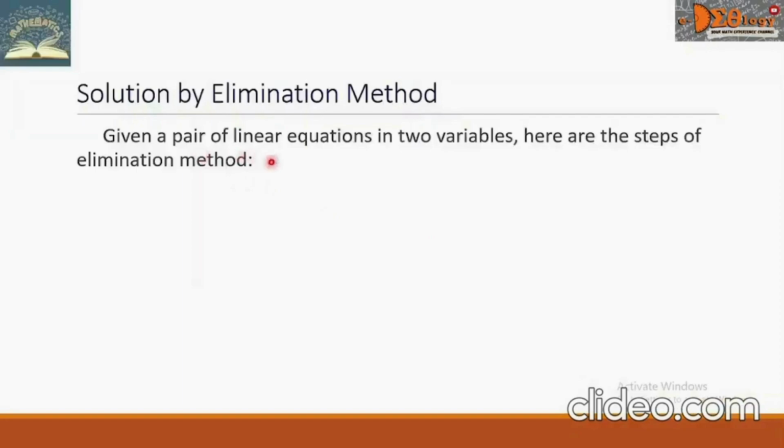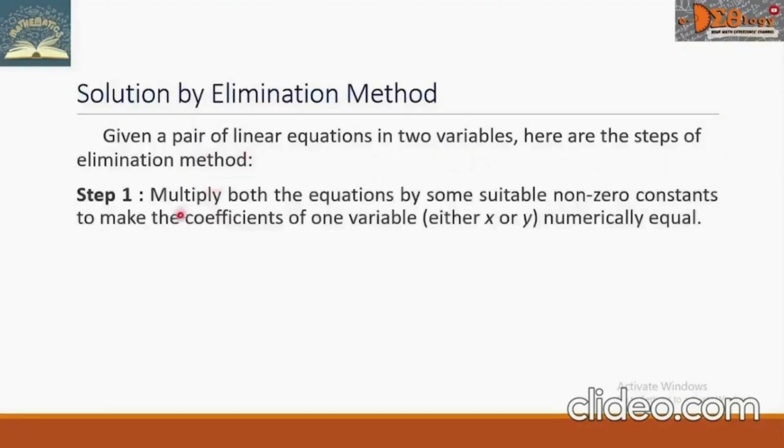Given a pair of linear equations in two variables, here are the steps of elimination method. Step 1. Multiply both the equations by some suitable non-zero constants to make the coefficients of one variable, either x or y, numerically equal.